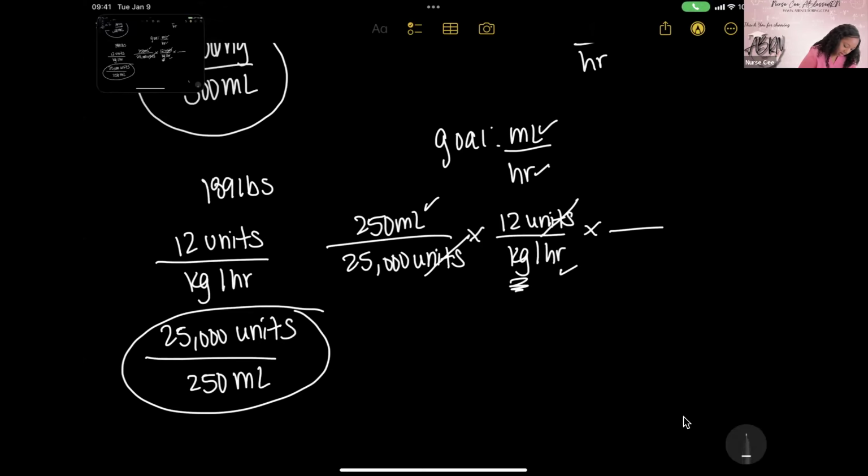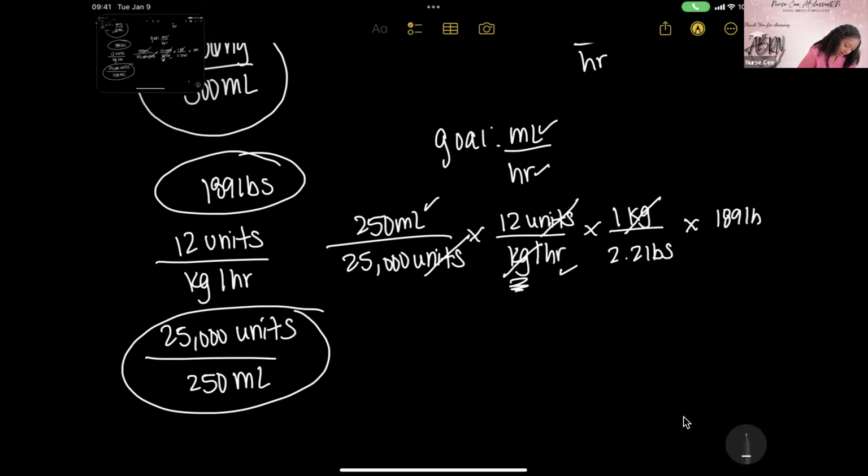Our patient's weight right here is in pounds, so I'll do 1 kilogram equals 2.2 pounds. My kilograms cross out. And then I'll do 189 pounds over 1 because it's by itself, it's not with anything else. 2.2 pounds at the bottom, and you've got your other pounds at the top.